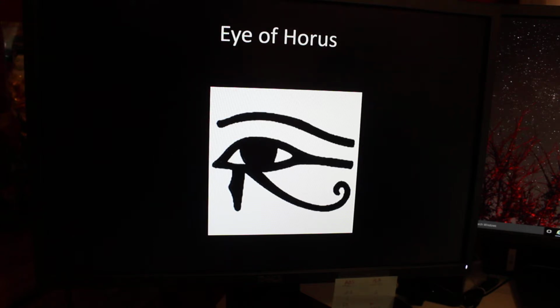Seth was the bad, mischievous god, and he murdered Osiris and cut up his body and spread it all over Egypt. And Isis went back, found all his body parts, put them back together, and resurrected him. And then she laid with him, that one night after his resurrection, and they had a son, Horus. Horus then later came back and avenged his father's death.